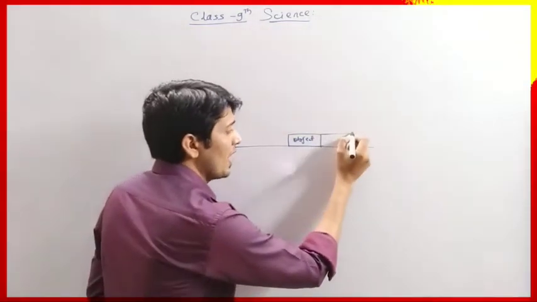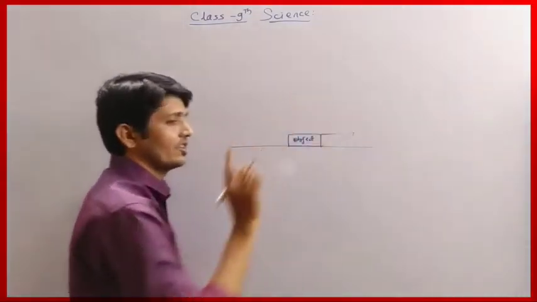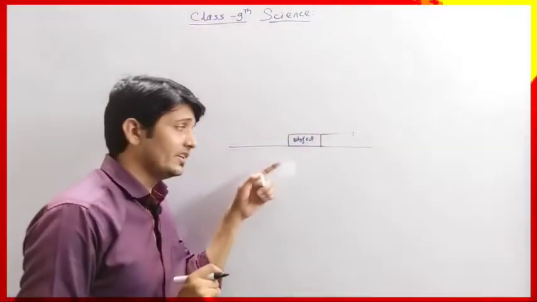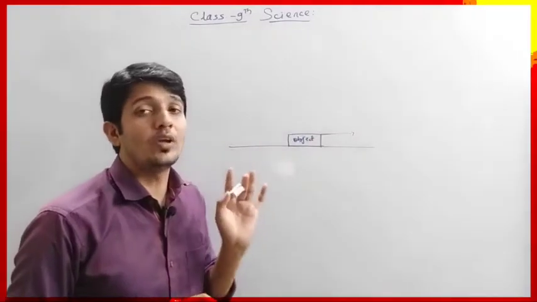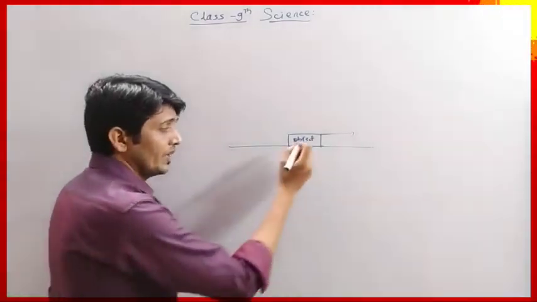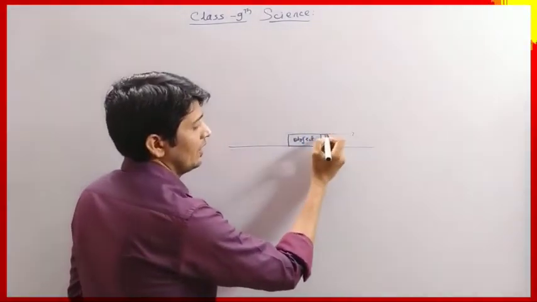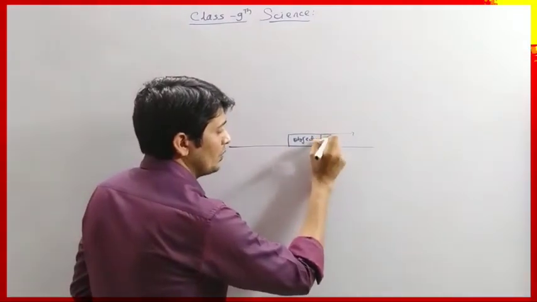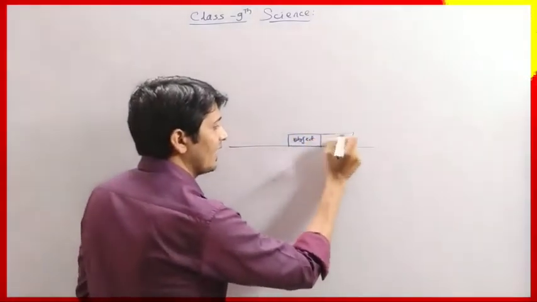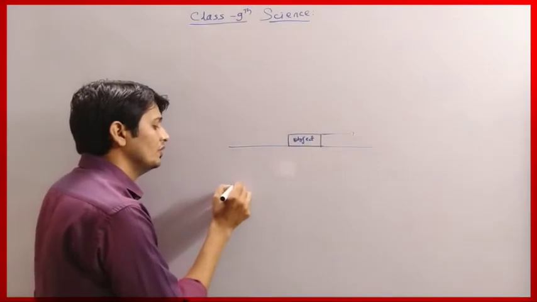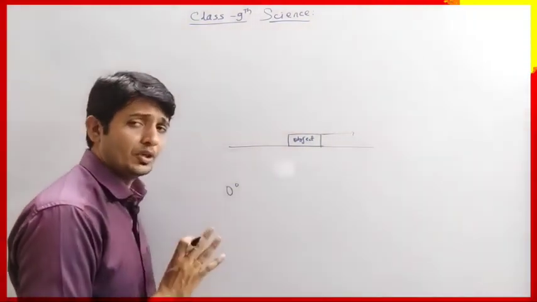If we apply force in this direction, then what will happen? The angle formed between the x-axis and the direction of force is 0 degree.